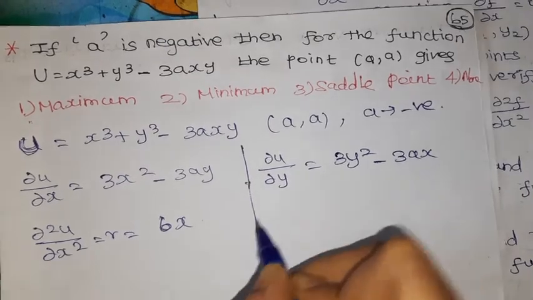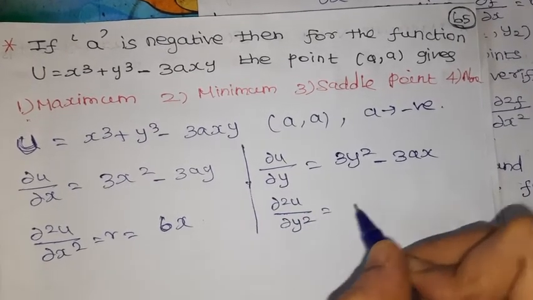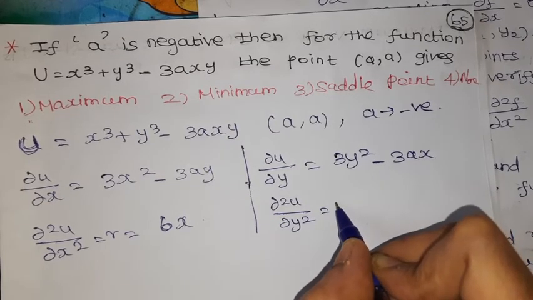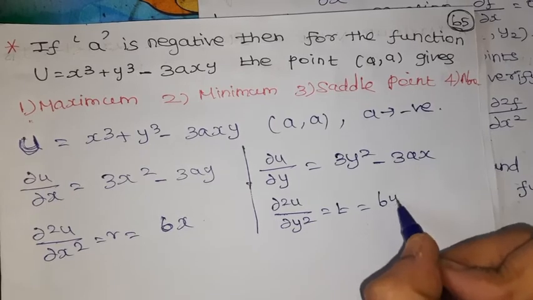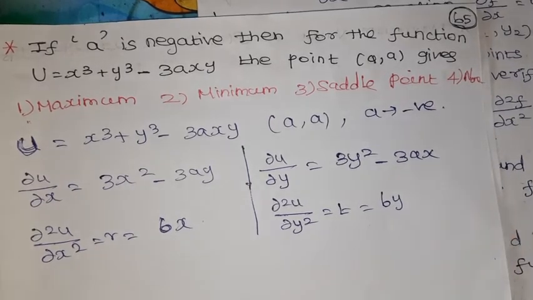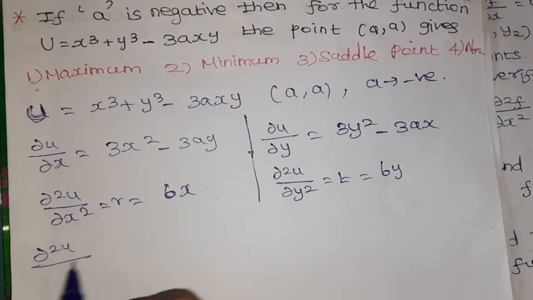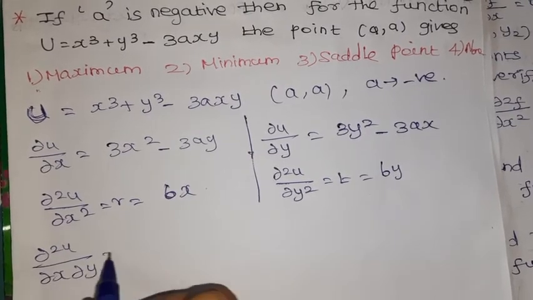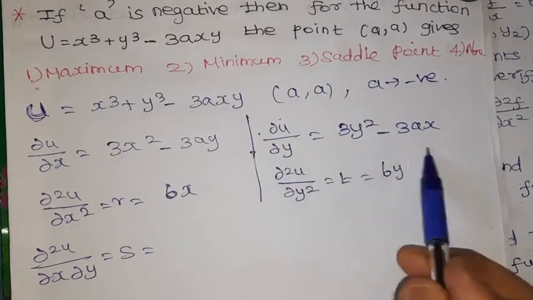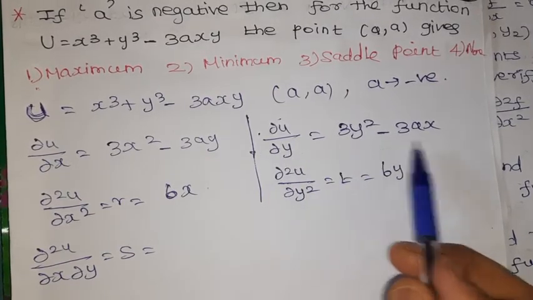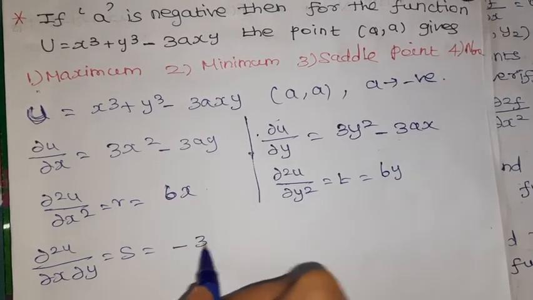Then dou squared u by dou y square, which is t, equals 6y alone. Then dou squared u by dou x dou y equals s. In dou u by dou y, we differentiate with respect to x, and we get minus 3a.